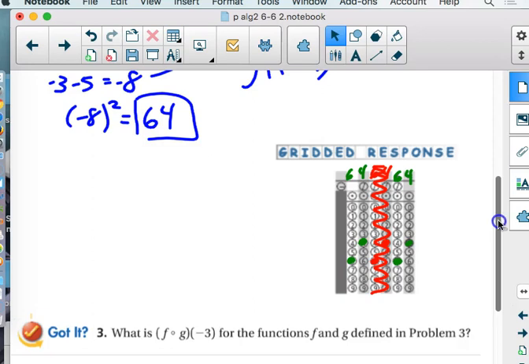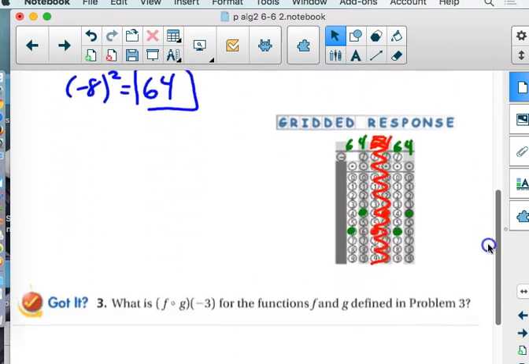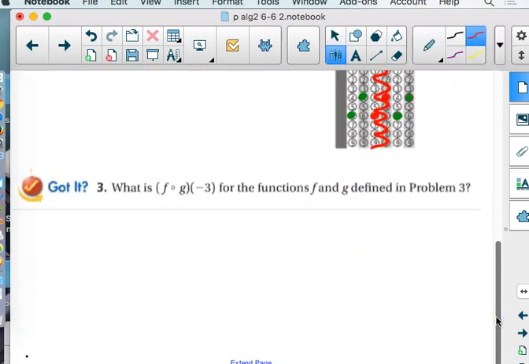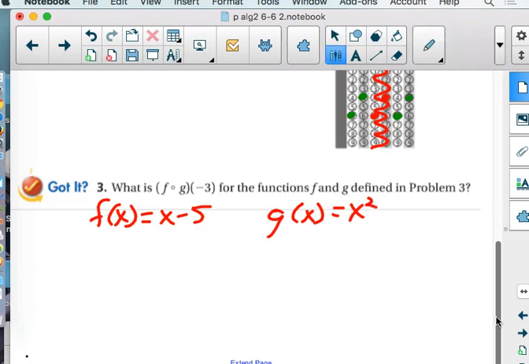So now let me rewrite f of x and g of x down here. f of x was x minus 5. And g of x was x squared. Because this one says, let's find f of g of negative 3. So f of g of negative 3.